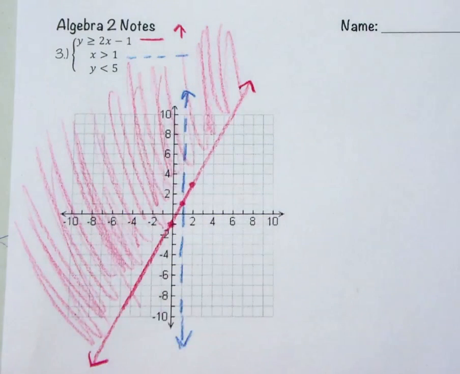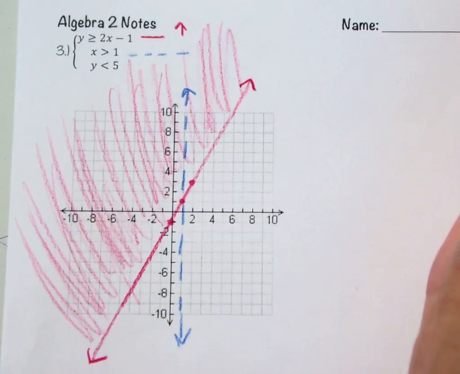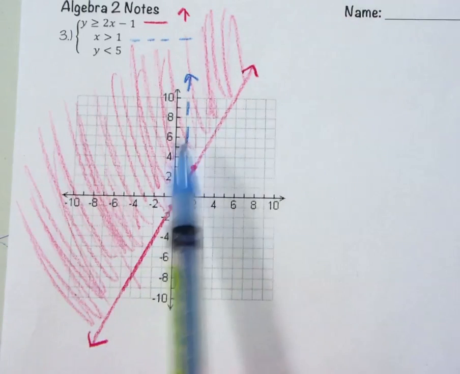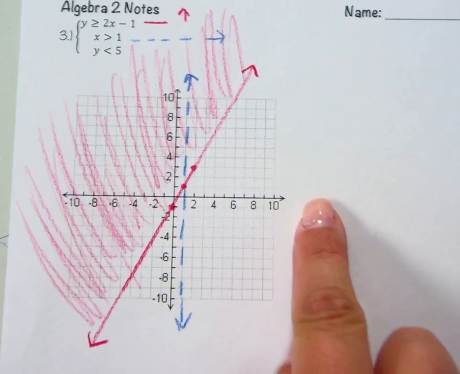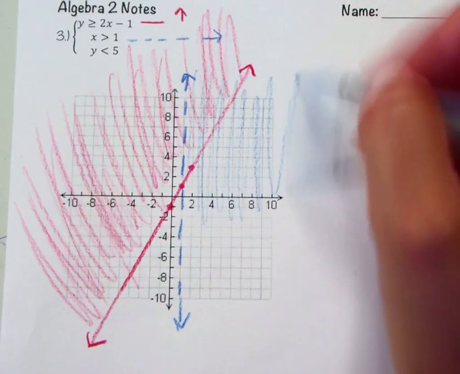So Braden, am I going to go to the right or the left? I want x value. Yeah, we're going to go to the right because we want x values that are bigger than 1 shaded. So I'm going to shade the big x values.